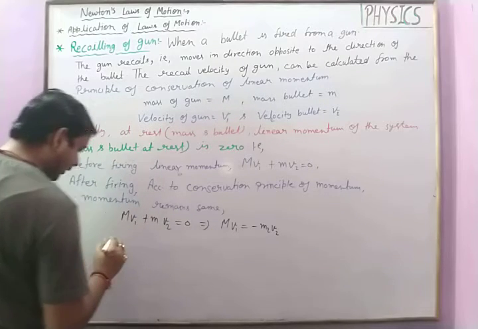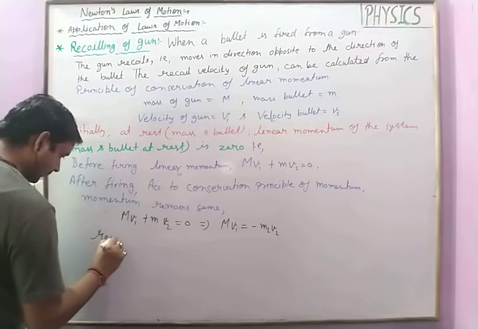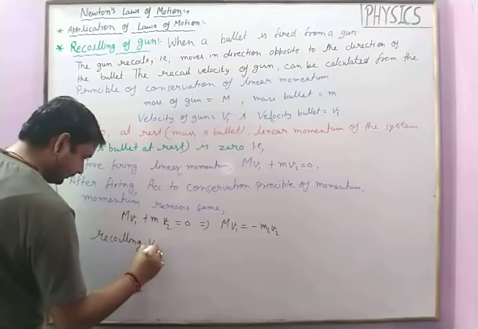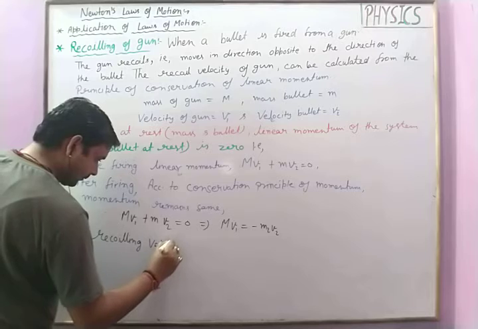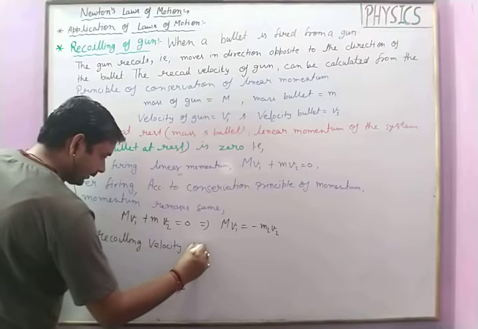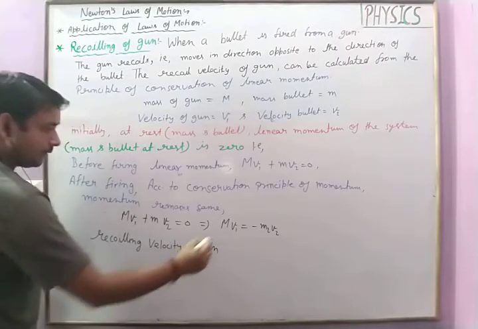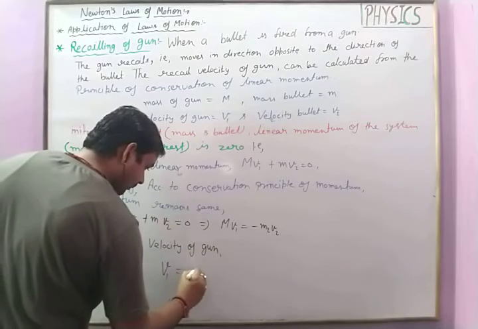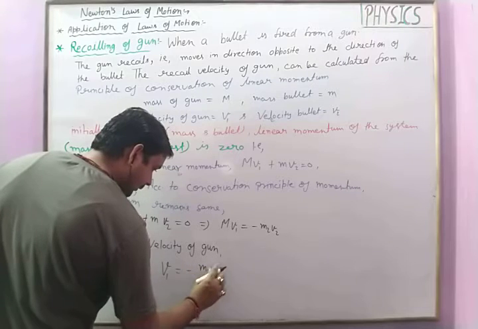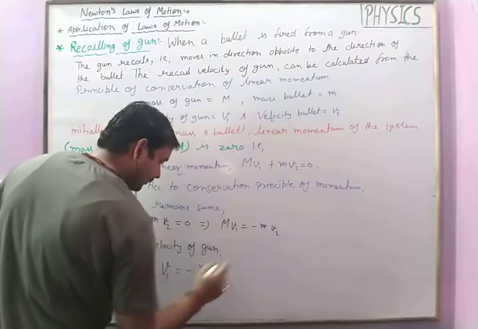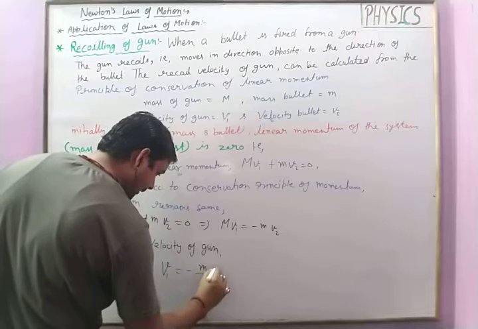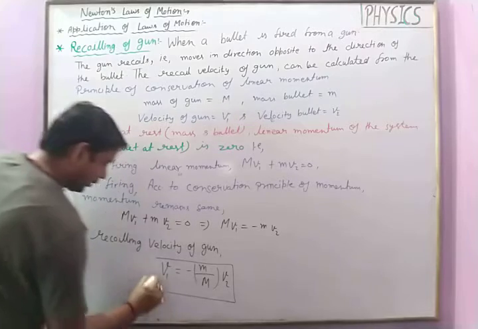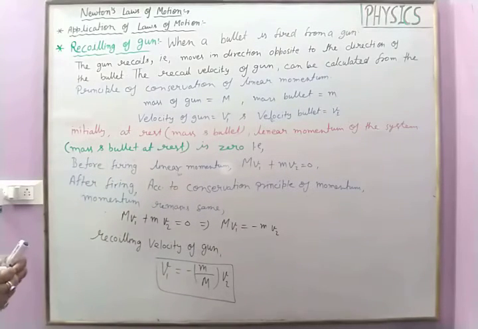Therefore, the recoiling velocity of gun, that is v1, is equal to minus m upon capital M v2. This is the recoiling velocity of gun.